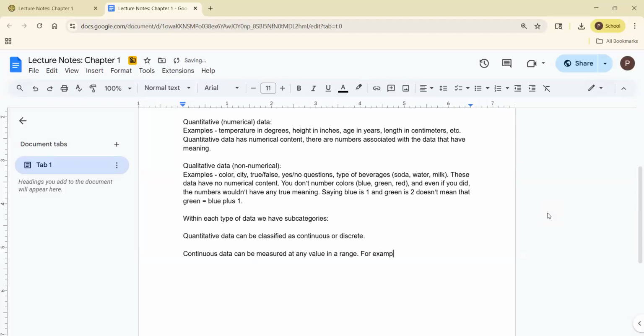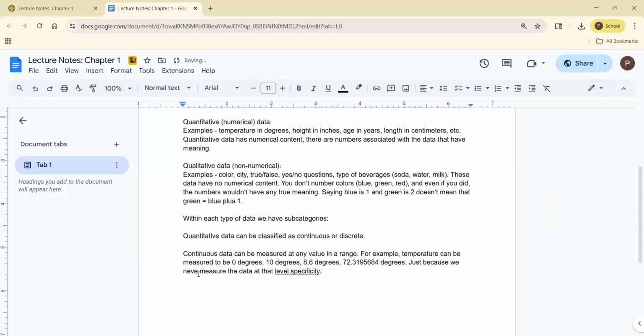For example, temperature can be measured to be 0 degrees, 10 degrees, 8.6 degrees. Technically, it could be measured at 72.31956844 degrees, just because we never measure the data at that level of specificity.